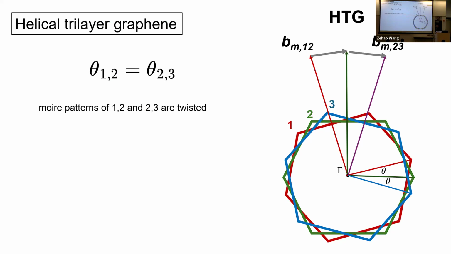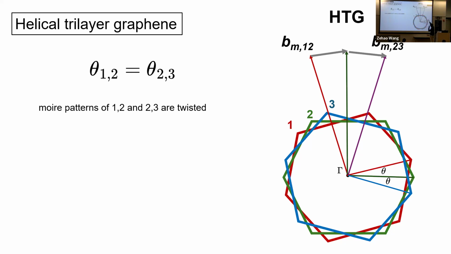So this is what I call helical trilayer graphene, where this time the two twist angles are the same, right? So we basically sequentially rotate the 3 layers of graphene. Now, you can again try and play the same game to figure out the periodicity of the system. And what you realize is that, between layers 1 and 2, I have a b moiré 1,2.